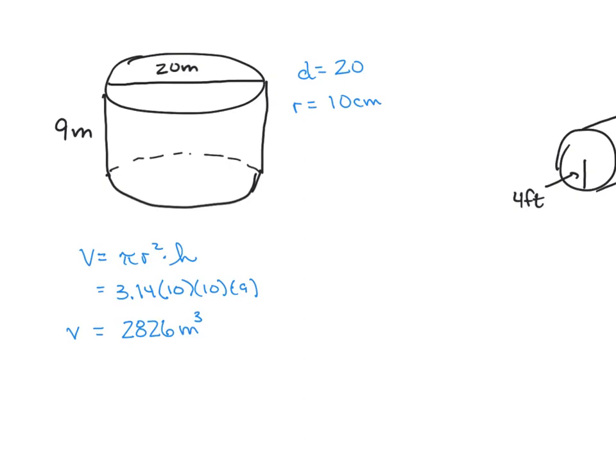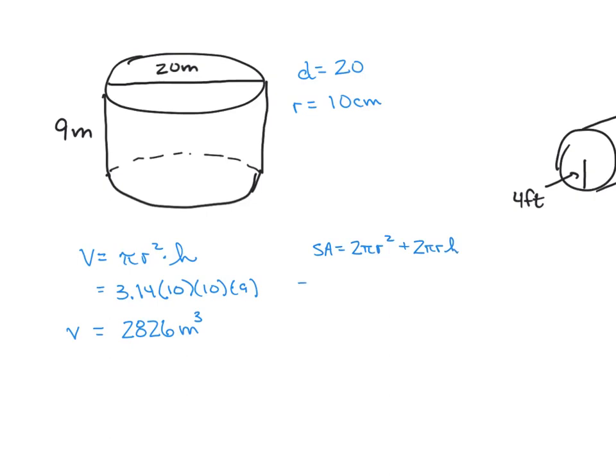All right, let's look at surface area. Remember that for our surface area, we have our two circles, so we get 2 times pi r squared, plus the area of the outside rectangle, which is 2 pi r, our circumference, times our height.